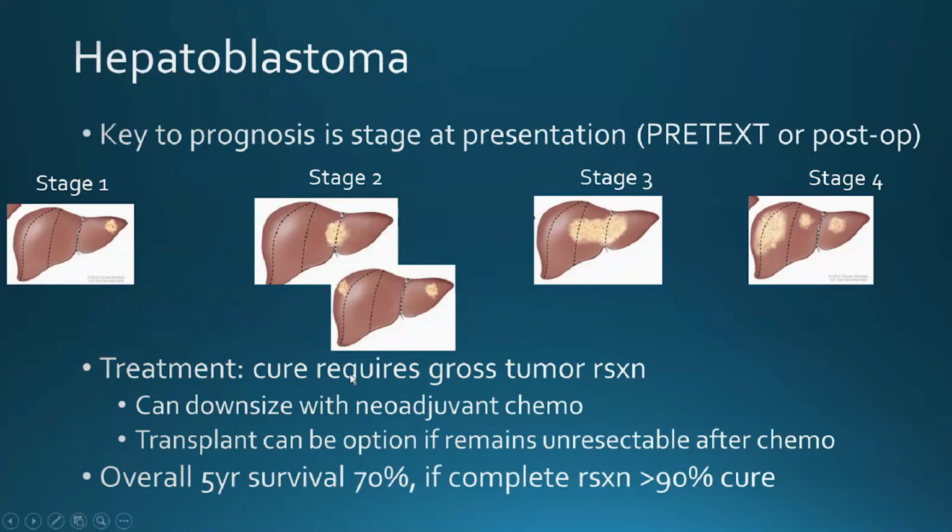And so for treatment for cure, we have to completely resect the tumor, and they have an excellent chance of survival, 70% at 5 years, and if the tumor is completely resected, almost 90% of these patients survive 5 years, and that's pretty much a cure. Transplantation can also be an option in unresectable tumors, when we cannot resect the tumor, but as long as possible, if we can resect the tumor, that can save the patient from transplantation.